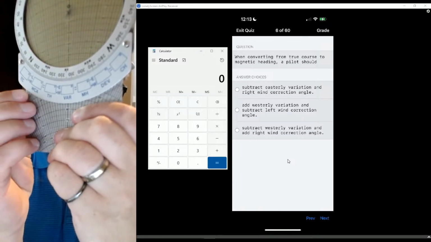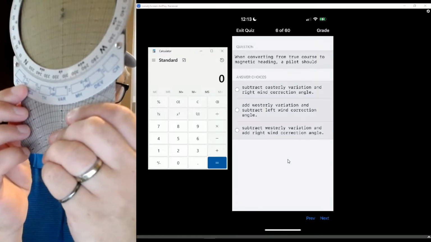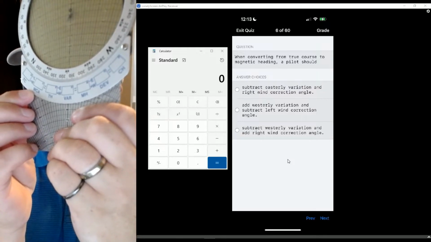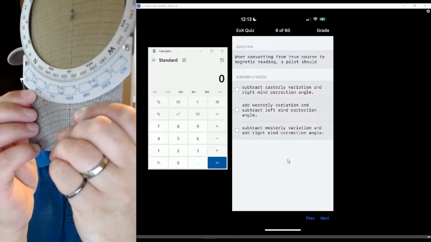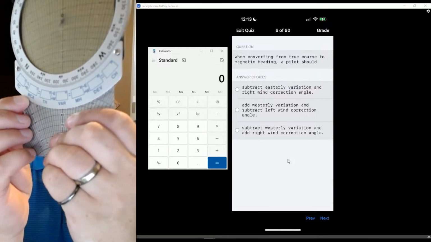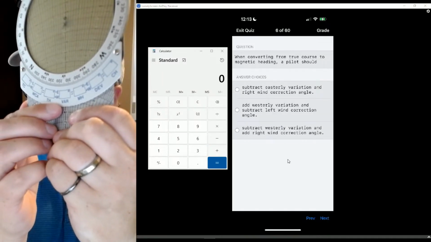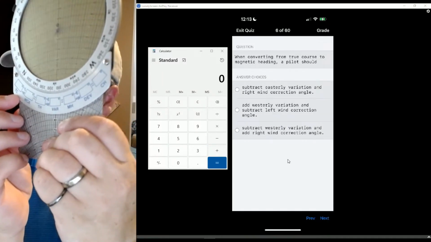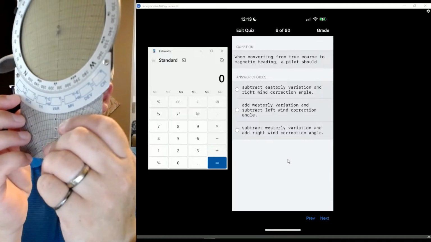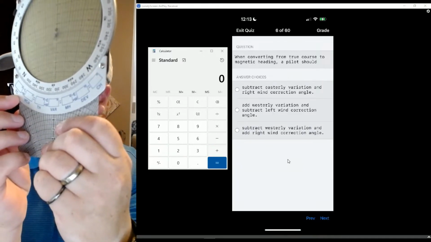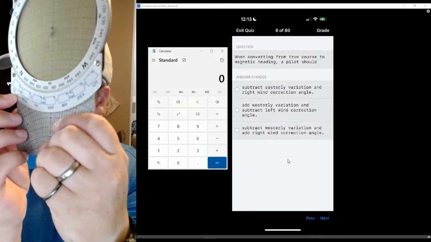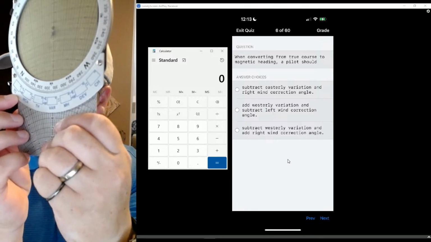Well, it says plus R, so I add right wind correction angle and variation, subtract east variation. Oh, yep, it says minus E. So half of it's wrong, so therefore it's all wrong. Add westerly variation and subtract left wind correction angle.